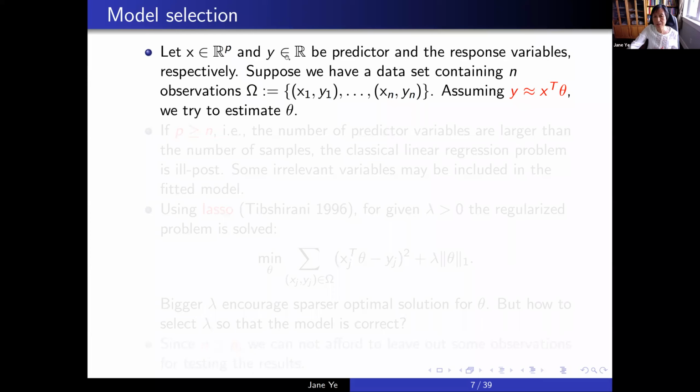And in the classical linear regression model, you take n observations, where n should be much larger than the number of independent variables p. Then you can use linear regression to find the least squares estimator.